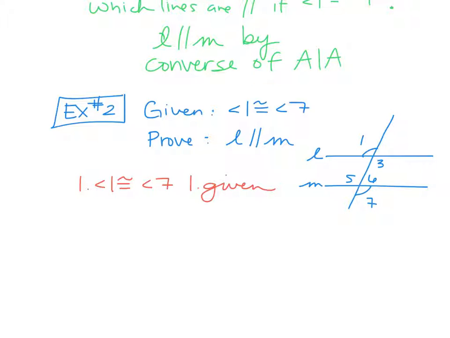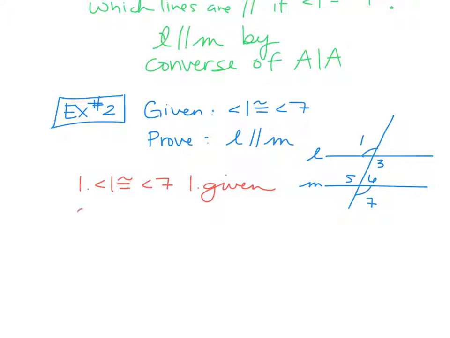Okay, now here's the deal. Did they tell us the lines are parallel? No. So do we know the angles are congruent? No. They look like it, and we're trying to prove that the lines are parallel, but because we don't know the lines are parallel, you can't use those theorems to prove that the lines are parallel. Does that make sense? You have to know the lines are parallel, and we don't.